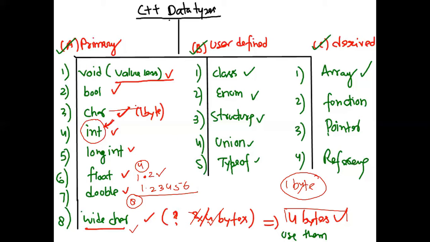So the character was not able to store some kinds of symbols or data. Let's say we have the Japanese language, or the German language. These are very specific languages, so their codes wouldn't be stored in 1 byte of data.